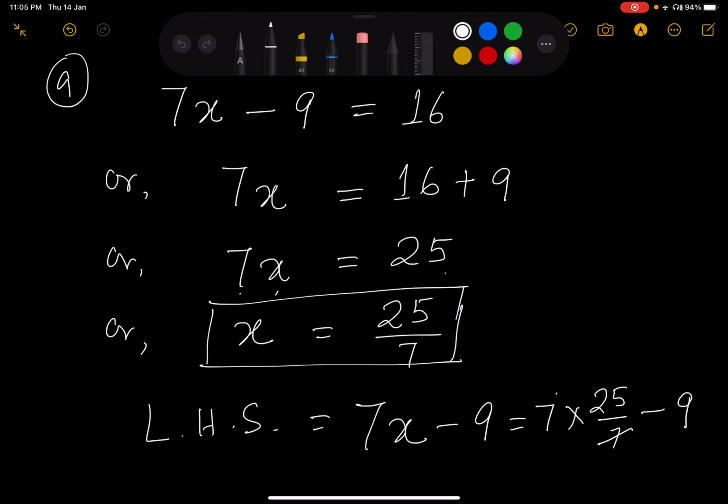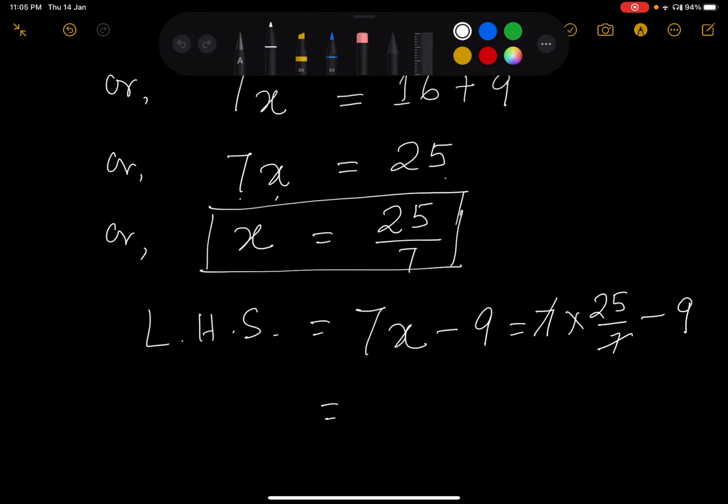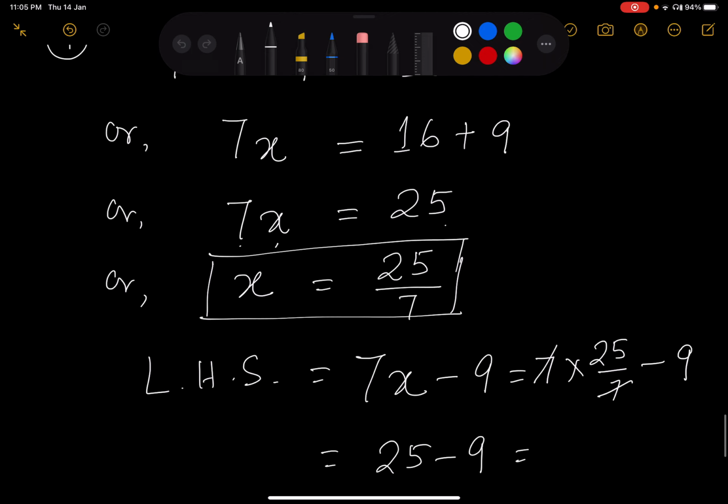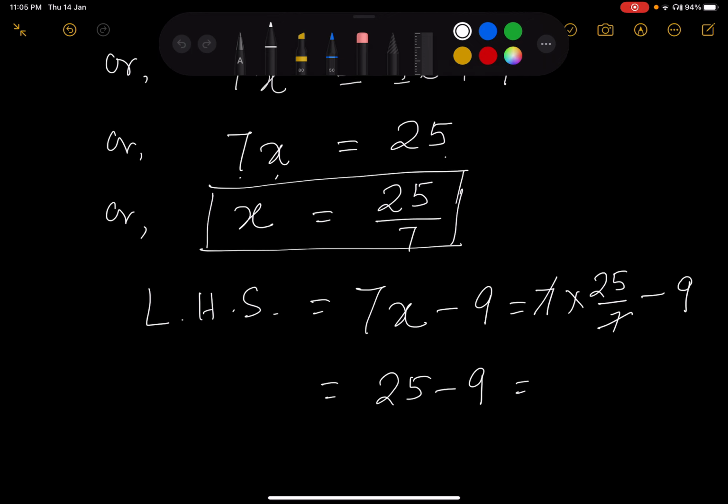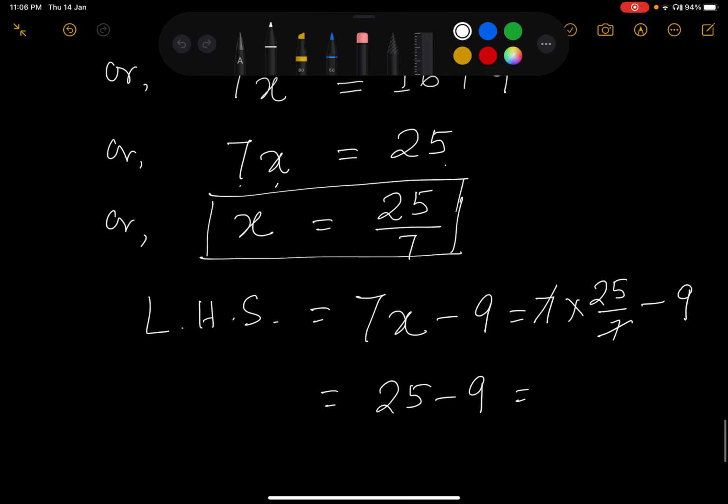The 7s cancel, and this becomes 25 minus 9, which is equal to 16. That is equal to the right hand side.